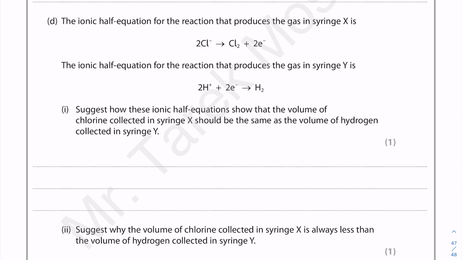The ionic half equation for the reaction that produces gas in syringe Y is 2H positive plus 2e negative gives H2.